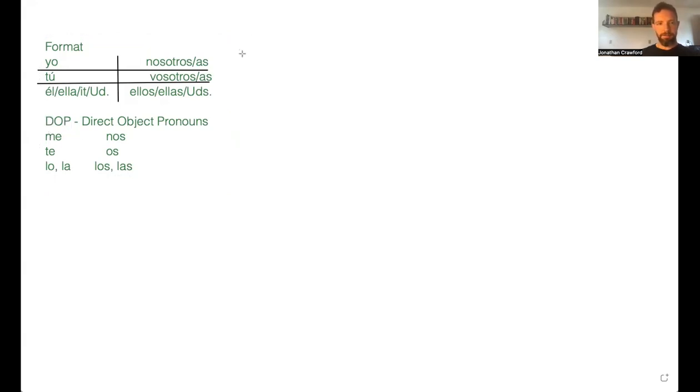If we follow the same model here, the format, then me replaces yo, te replaces tú, and for él, ella, it, usted, it's going to be lo or la, depending on if whatever the thing is referring to is masculine or feminine.